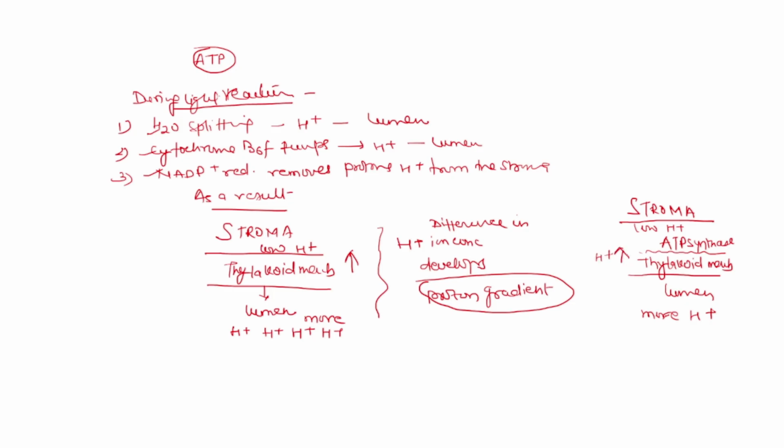As the protons flow through ATP synthase, it uses energy from the proton gradient to attach Pi, free inorganic phosphate, which is present in the stroma, to ADP. That is ADP plus Pi. This is adenosine diphosphate. One more inorganic phosphate is attached to ADP to form adenosine triphosphate, ATP.